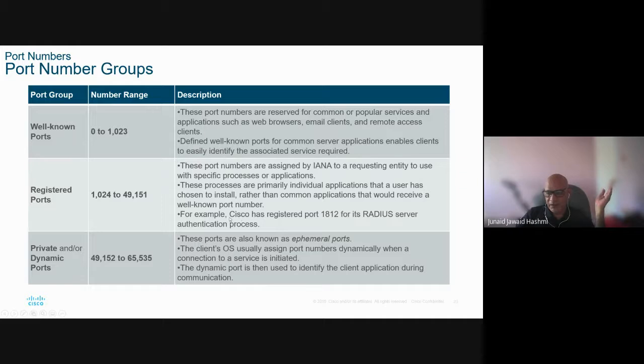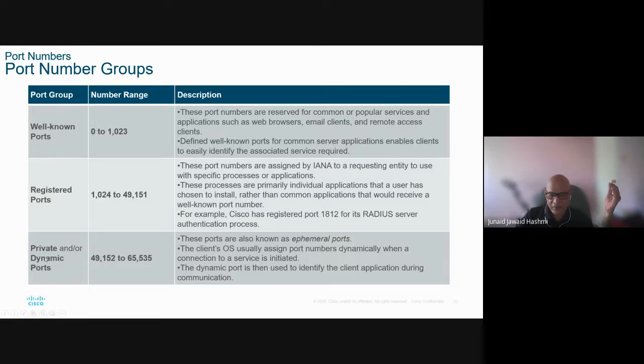For example, Cisco has registered port 1812 for its RADIUS server authentication process. A RADIUS server is a server that provides logging. So if one day you decide to create an application that should run on a server, you have to register a port with IANA.